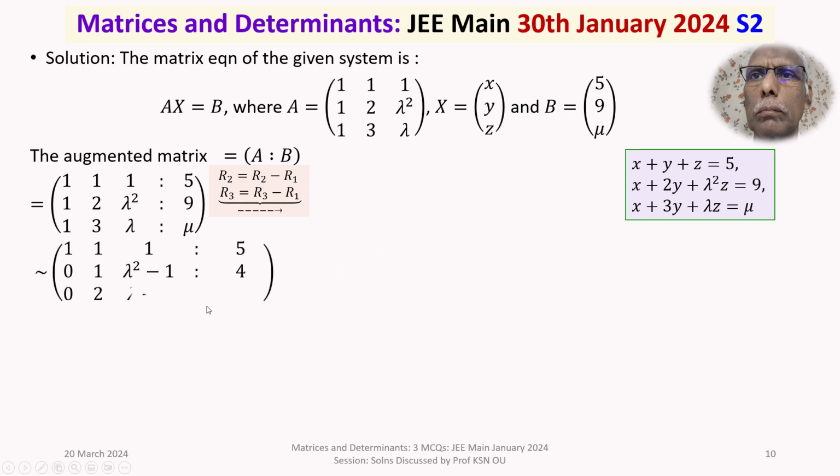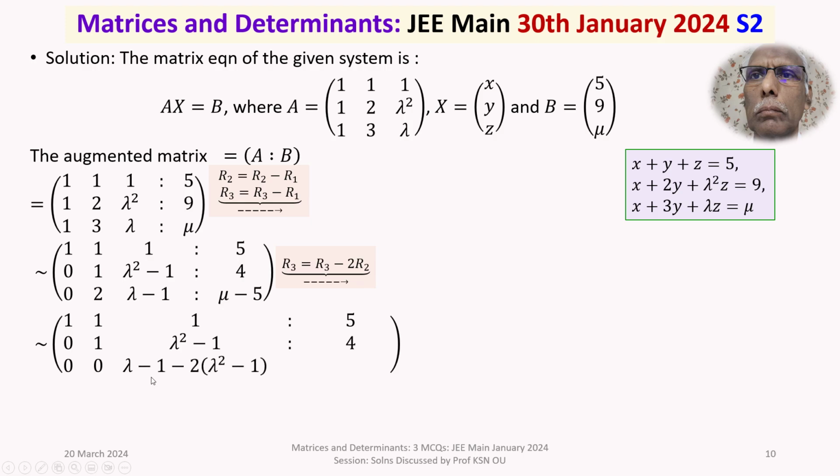It is equivalent to this. Then in the third row, second position, there is a 2. You have to make it 0. For that, R3 is R3 minus 2R2. You do it, and then you will get this. Now simplify the third row.